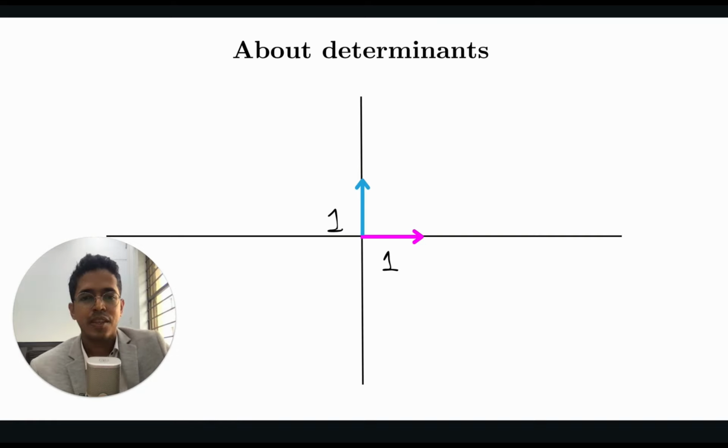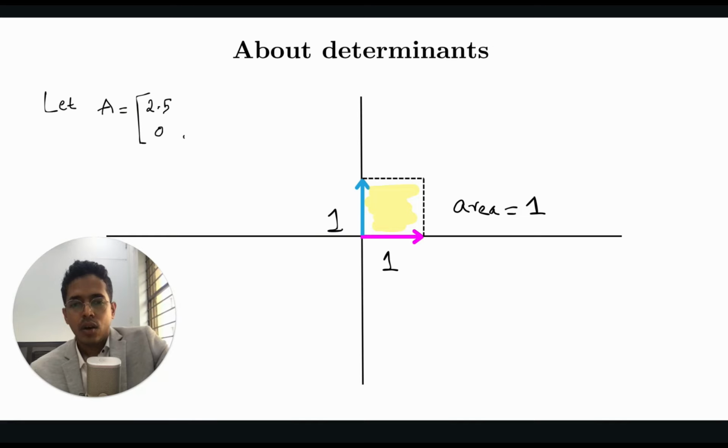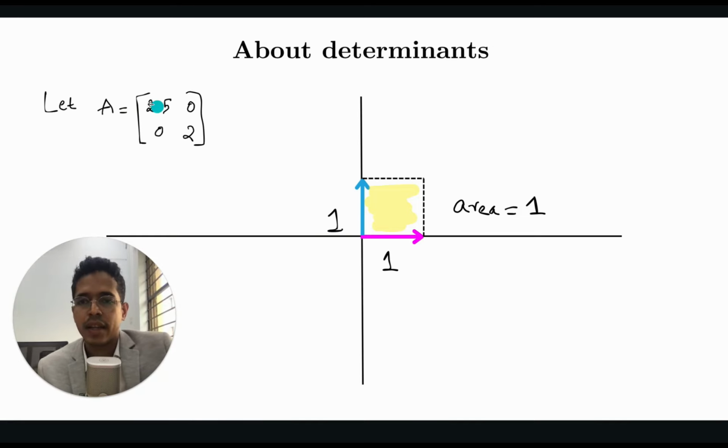So firstly, let's look at our normal XY grid, right? So we have a unit vector in x direction, unit vector in y direction. And if we look at a unit square in this xy grid, that unit square will have area equal to 1, right? It's 1 times 1. Okay, now let's say we have a transformation matrix A that looks like this, 2.5, 0, 0, 2, right?